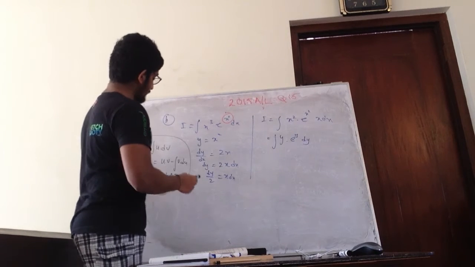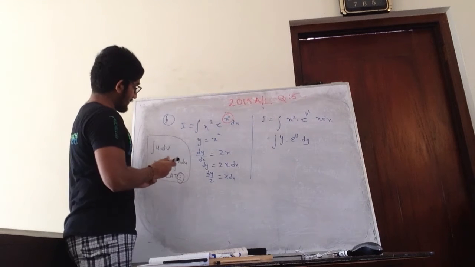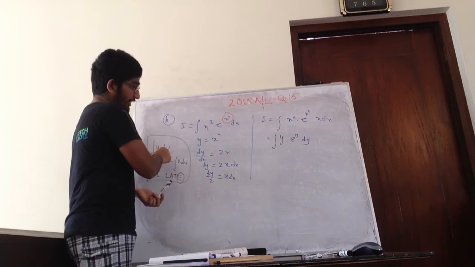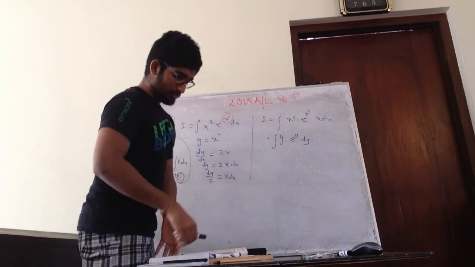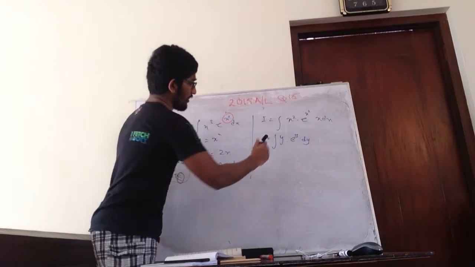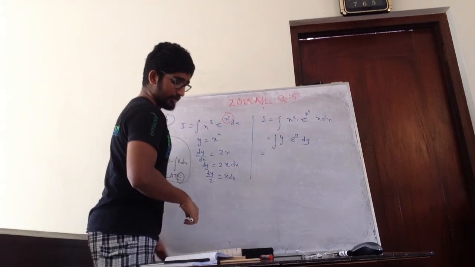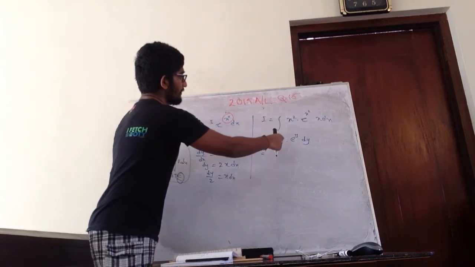Right. So now what do we do? Here e to the y is here, so we can use dv as this one and then u as the other one. Wait a minute.